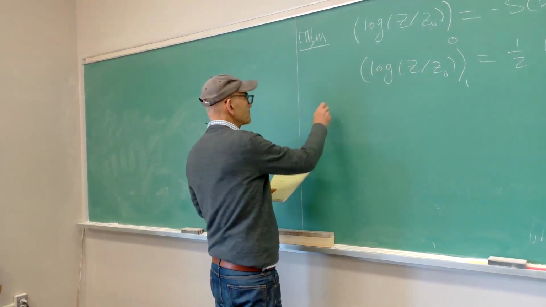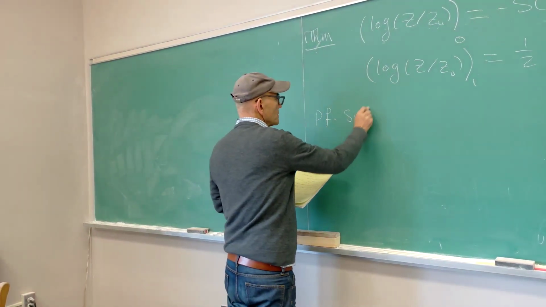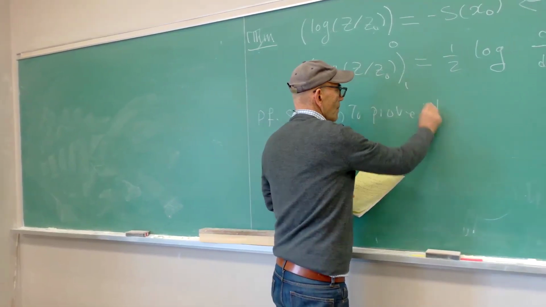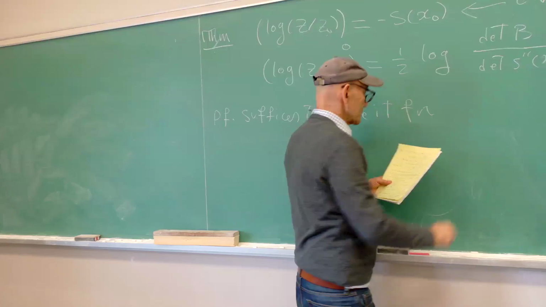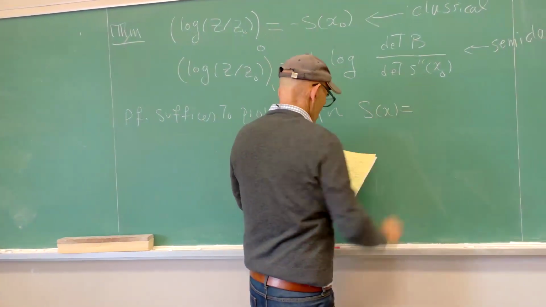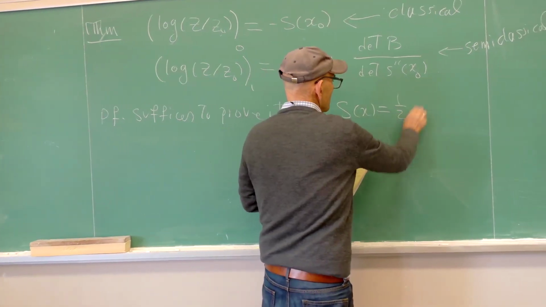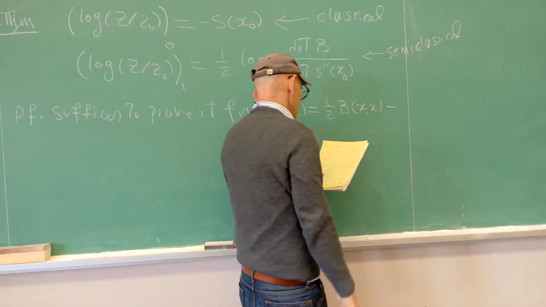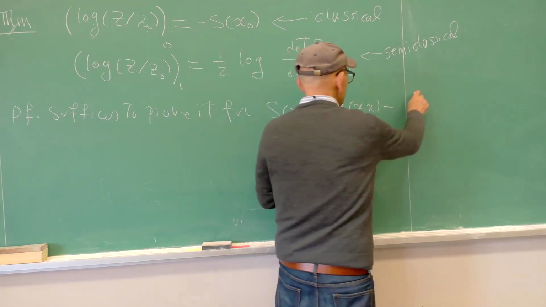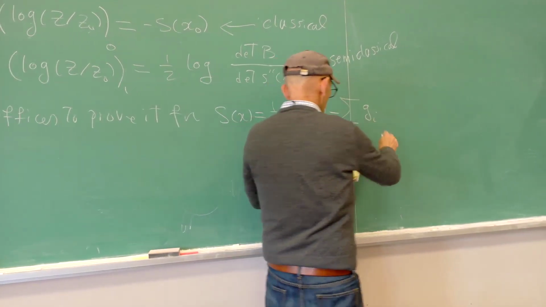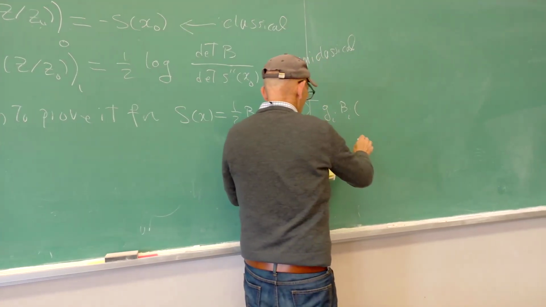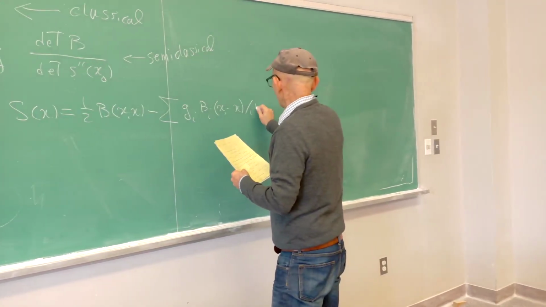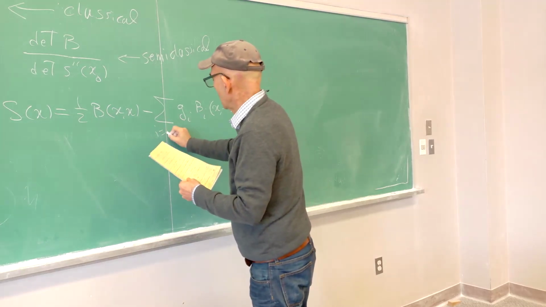It suffices to prove it for S of x equal to 1/2 bxx, a quadratic part, minus the sum of g_i b_i x over i factorial, i from 0 up to n.